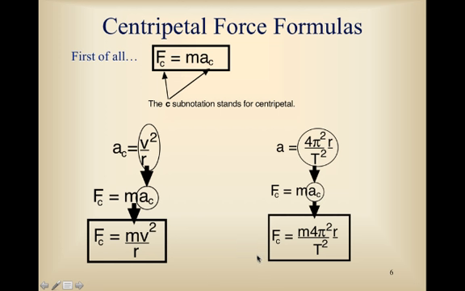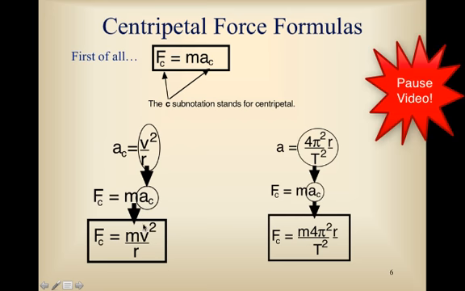Again, this one is good when you have planetary motion and that kind of thing, where you only know the radius of the orbit and the period of the orbit. So those are our centripetal force equations. And this one by far is the most used, the mv squared over r. But you're going to want to note all of this before moving on.